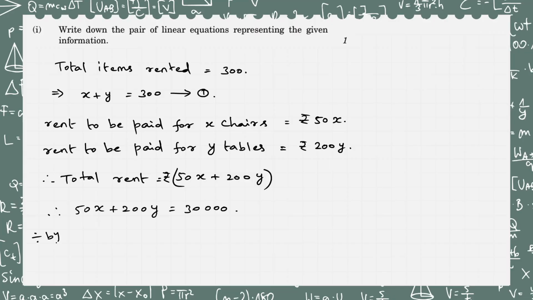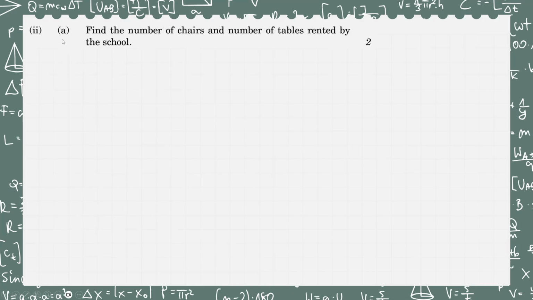So dividing by 50 throughout, x plus 4y equal to, here we will get 600, right? 600. This we are going to call equation 2. That much is what they are asking here. So we are done with this part. Let us move on to the next one.